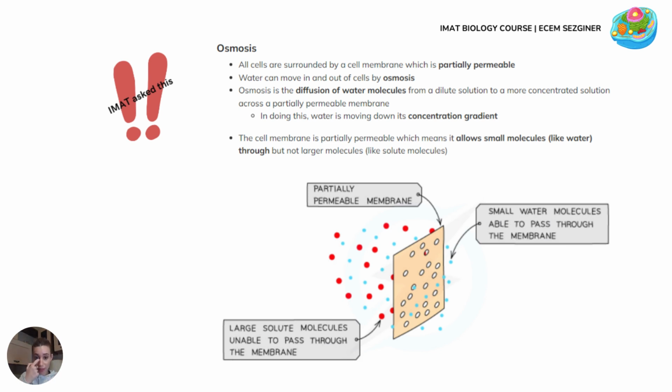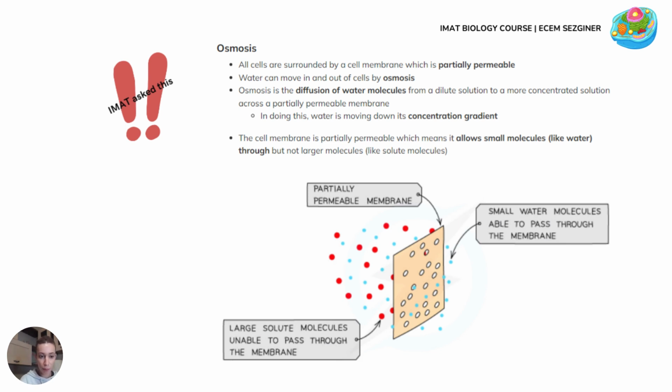Now, what I told you can be tricky at this point. I'd like to clarify. Until now, we have talked about the abundance of the other molecules in the environments. Now, when we talk about water transfer, when we talk about osmosis, when I say dilute solution, you should imagine a solution with more water molecules.